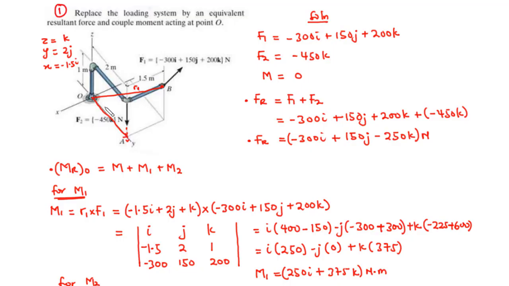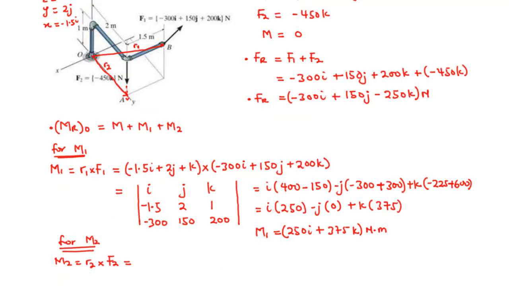So that is r2. And you realize that this is acting along the positive y-axis. So we only have a positive y component. So that's going to be 2 meters, and that is 2j. So we have r2 only to be 2j cross F2, which is negative 450k.